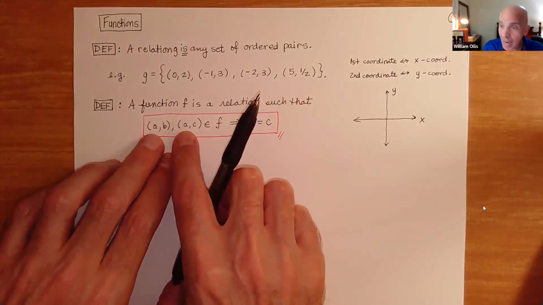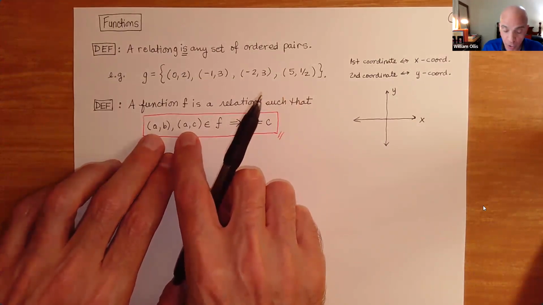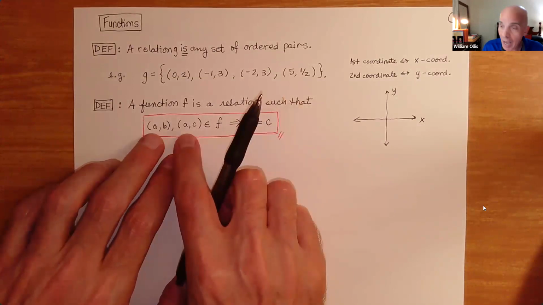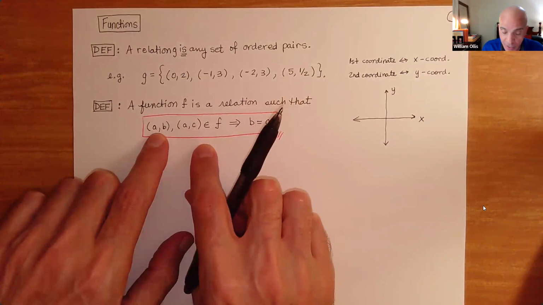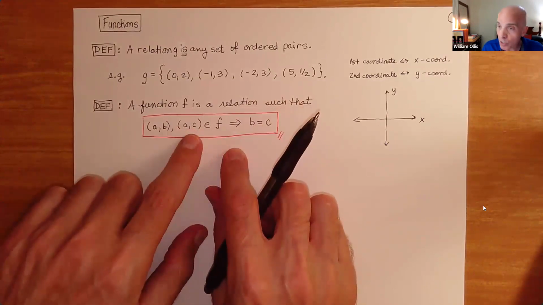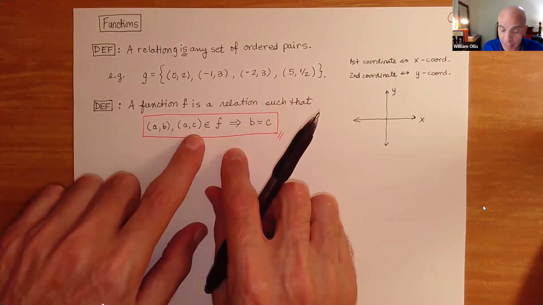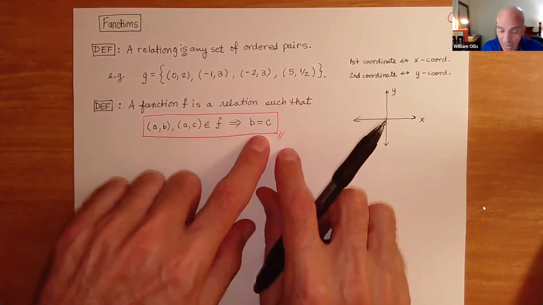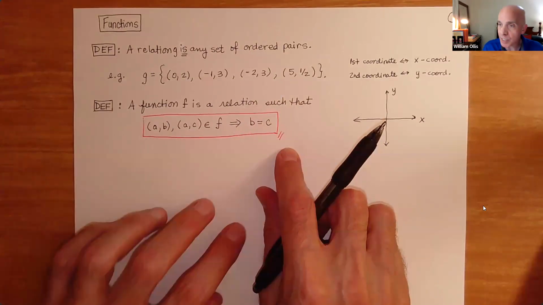And in this case, I have called the first coordinate in both of these elements of F, I've called them A. So if it is indeed the case that A comma B is an element of F and the coordinate pair A comma C is an element of F, it would have to be the case that B equals C.